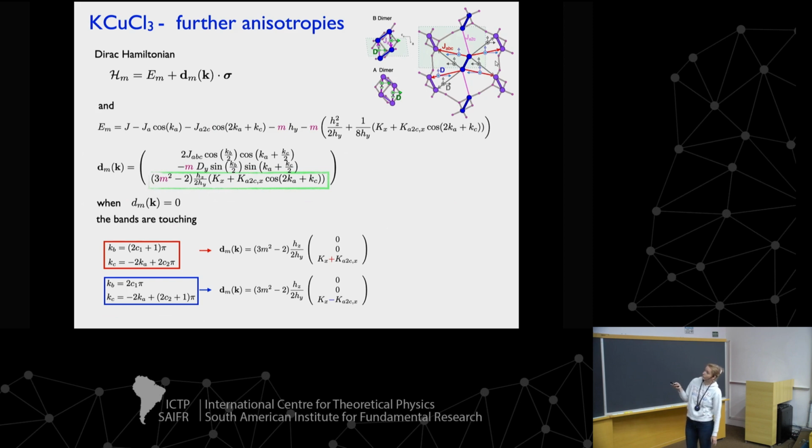That's exactly what we do because we want to keep this simple Dirac type of Hamiltonian. So we do a canonical transformation to include these additional anisotropies, and that will show up in the Z component of this D vector.